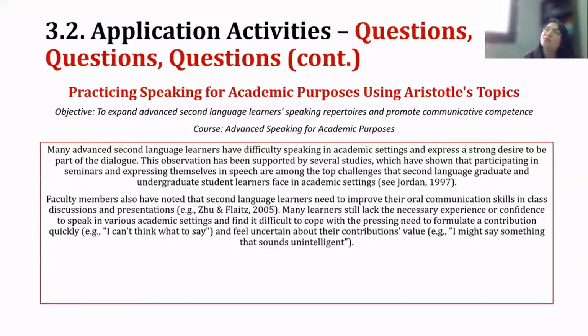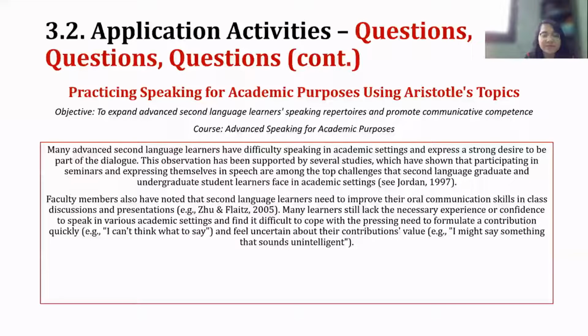So when, for example, the leader of the discussion asks you to introduce yourself or to propose a question, it can be very challenging to give a spontaneous response or spontaneous contribution to the discussion, right?